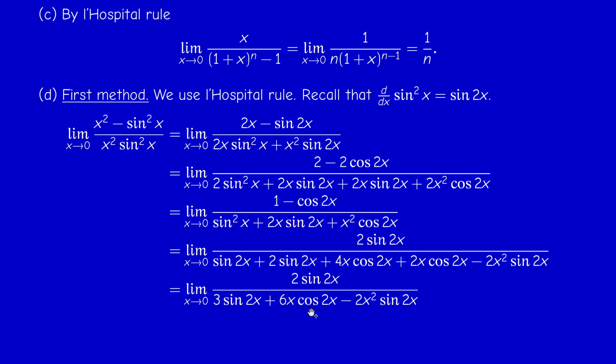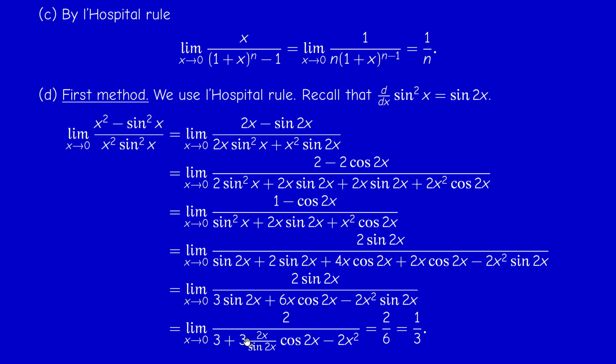So I simplified. Now we could apply L'Hopital's rule another time, but it's not necessary because when we divide numerator and denominator by sine 2x, what do we get? We get 3 here, and 6x over sine 2x, cosine 2x, minus 2x squared.